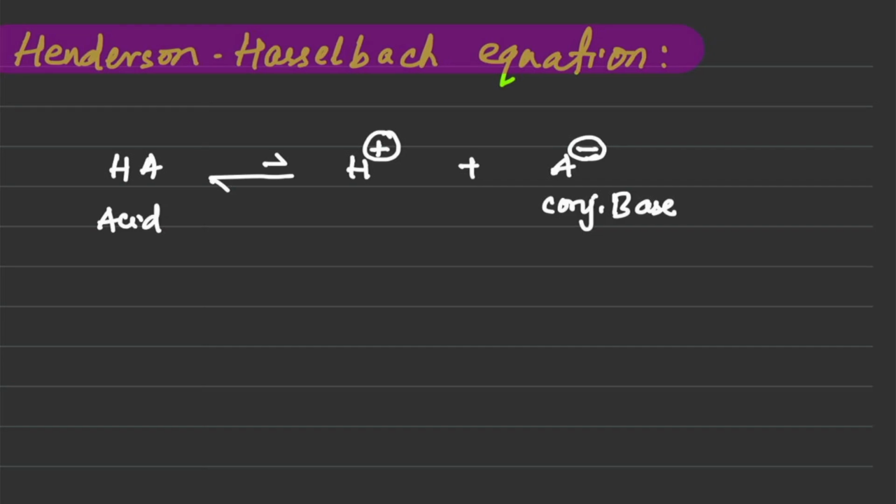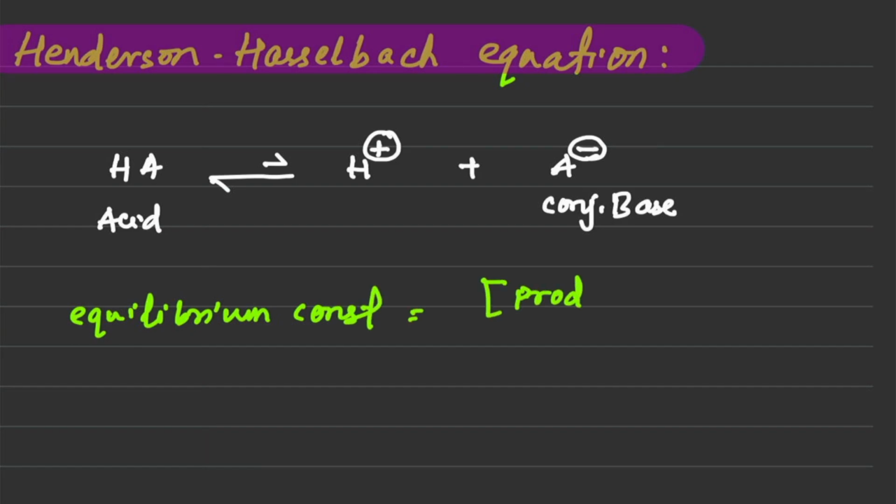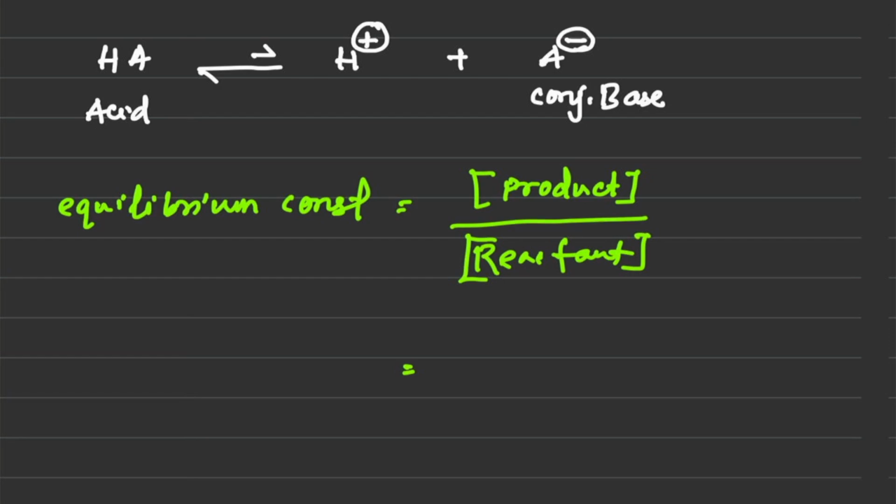For this particular reaction, what would the equilibrium constant look like? The equilibrium constant, we know, is basically the concentration of products divided by the concentration of reactants. In this case, what are our products?